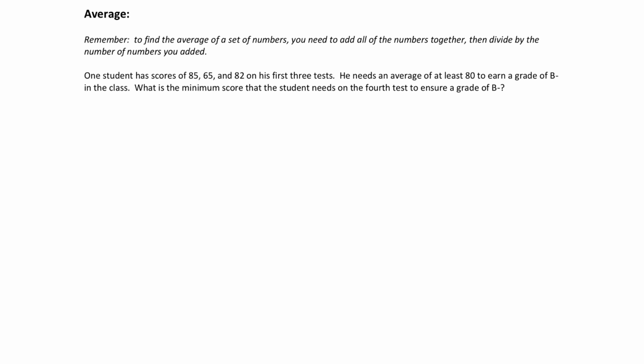And the way you do that, if you're finding the average of 4 exams, you're going to want to divide by 4, and you're going to have 1, 2, 3, 4 scores in there. So 85, 65, 82, and whatever you're going to get on the next one.